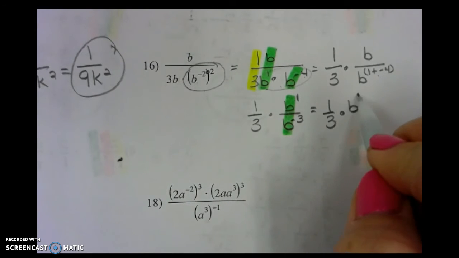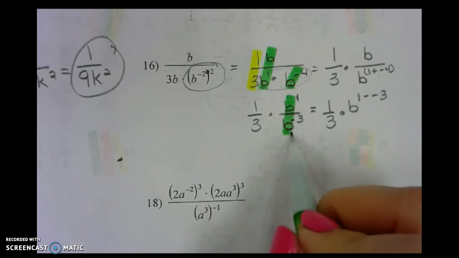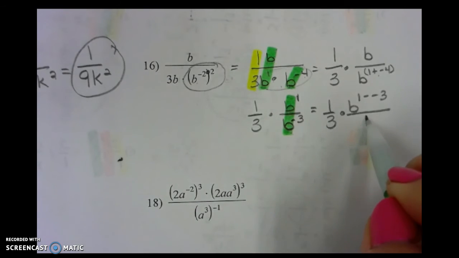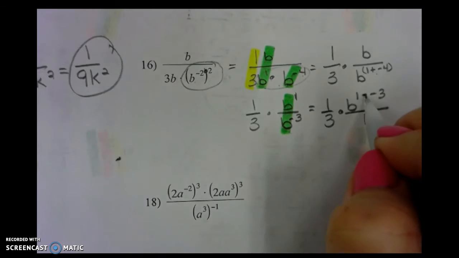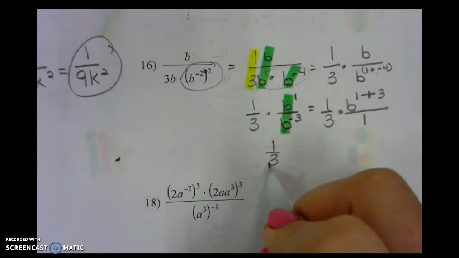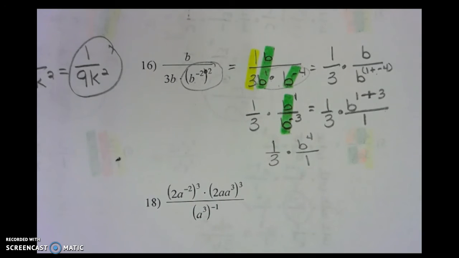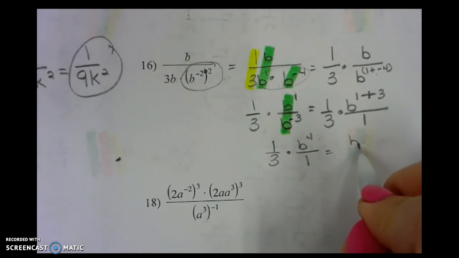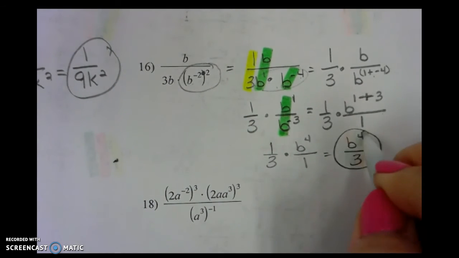B to the 1 minus negative 3 from the bottom over 1. Now, minus negative 3 will become a what? Positive. And we'll have 1/3 times b to the 4th over 1. 1 times b to the 4th is b to the 4th. And 3 times 1 is 3. And that is your answer.